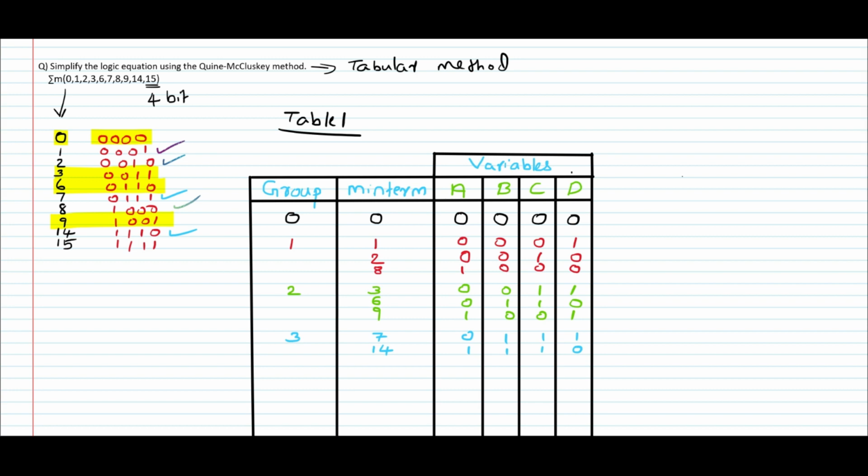And next is group 4. That means having 4 ones. We have only one min term, that is 15. We can write it as 1, 1, 1, 1. And this is table 1. So this is how we group the given set of min terms into table 1.